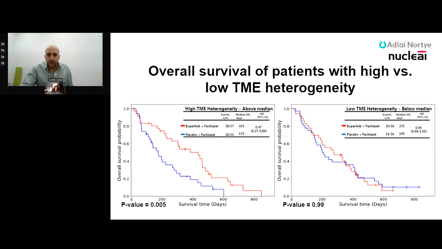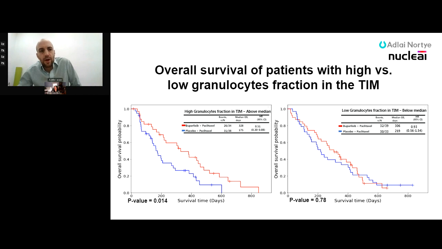We also found another novel observation around granulocytes, which are another cell type that can be challenging or tricky based on immunohistochemistry for the known biomarkers or the known cell antibodies that detect granulocytes. So in this analysis, we looked at the median granulocyte infiltration, and we went above and below.